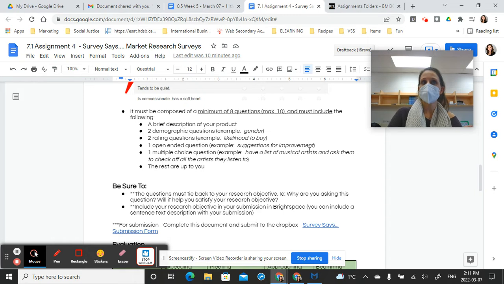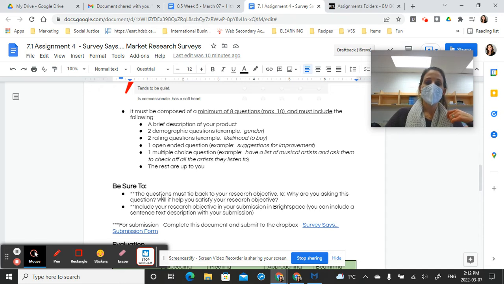If it does, then do include a question about age. Okay, so it has to be, again, 8 different questions, and you have to include within that a brief description of your product, 2 demographic questions, 2 rating questions, 1 open-ended question. So an example would be some sort of suggestion for improvement, and then 1 multiple choice question. So again, a listing type of question, and the rest are really up to you.